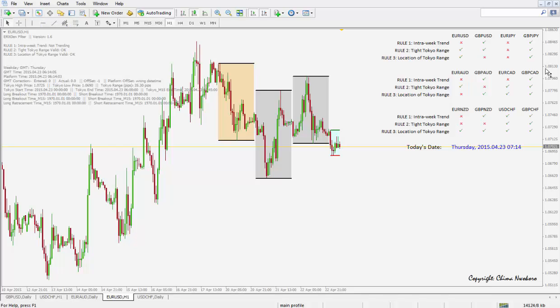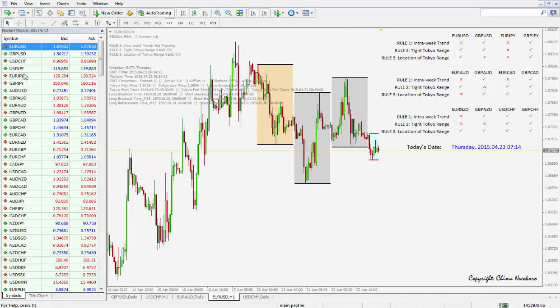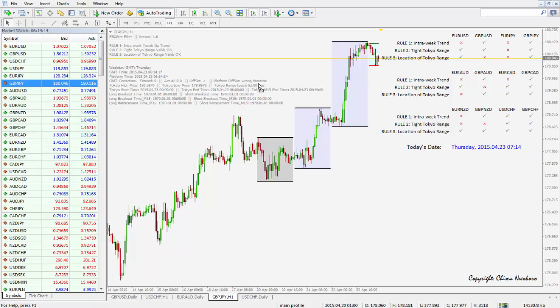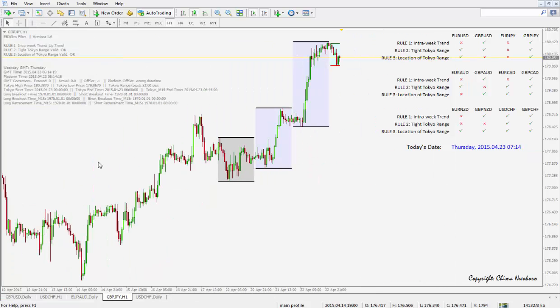Let's take the first one, GBP JPY, and open the chart. And so we have rule 1, the intra-week trend. So we've had 3 higher highs and 3 lower highs in the past 3 days.